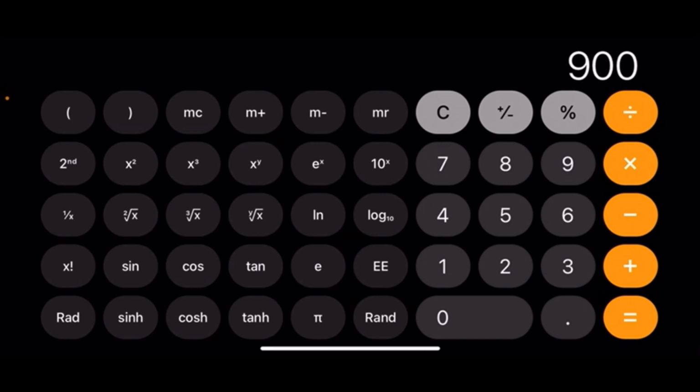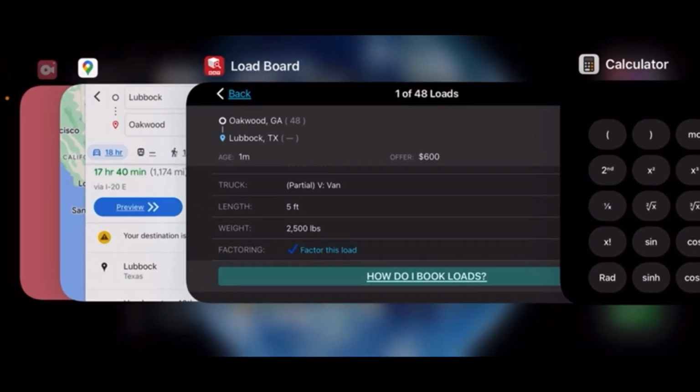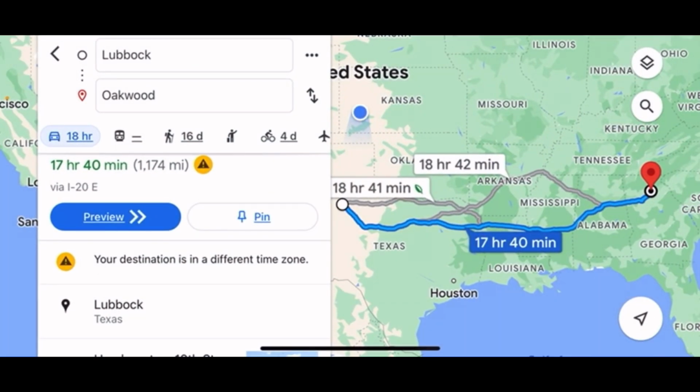Then if you're not an owner operator, you have a driver, so now you got to pay. And let's see how many days that was again. 17 hours. So that's a 2-day drive. It's a weekday, you're not gonna worry about no hotel.